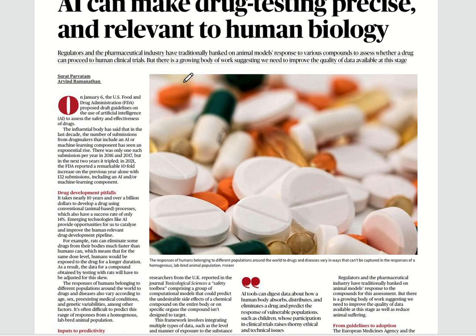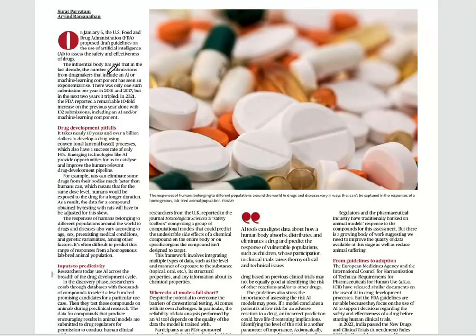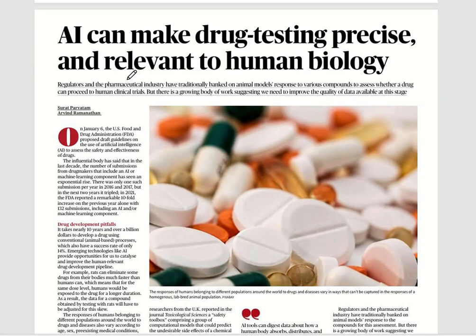It is about how we can use AI, artificial intelligence, in the medical sector and also in medical testing and drug testing, and that would be helpful for human biology. These are just applications of AI in the medical sector. You just need to understand this too.